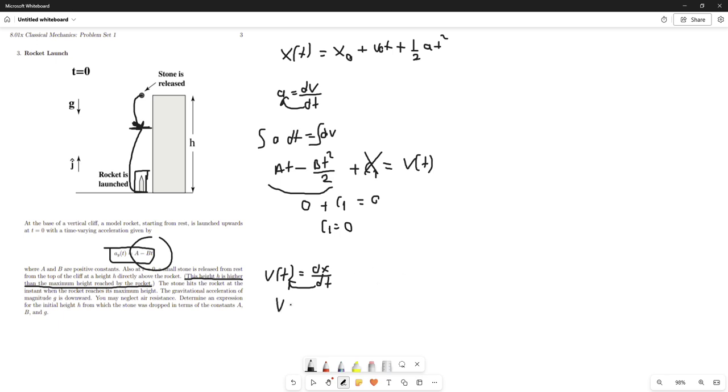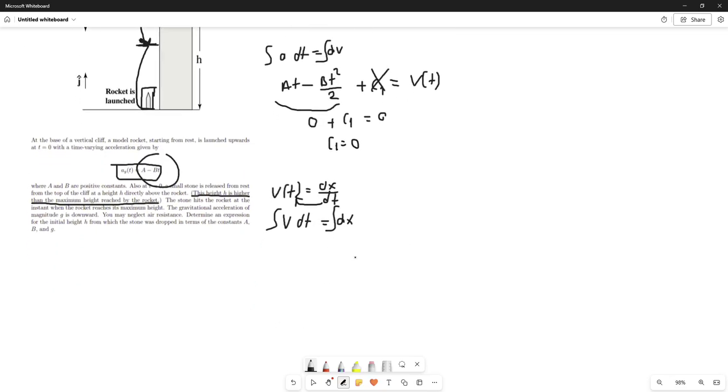Then v dt equals dx, then we integrate both sides, and we get a t squared divided by 2 minus b t cubed divided by 6 and some constant equals x of t.